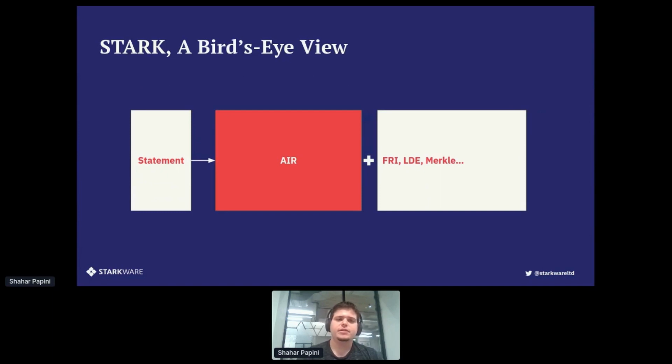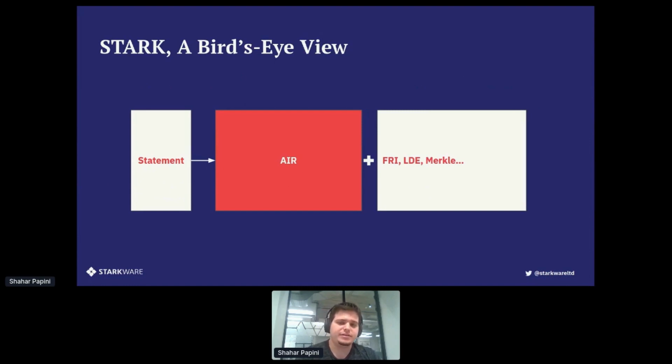All right, so a bird's eye view on how Starks work. You have this statement, the program we want to verify, like the Fibonacci or the bank transactions. The first step is to translate them to some algebraic representation. We call it AIR.